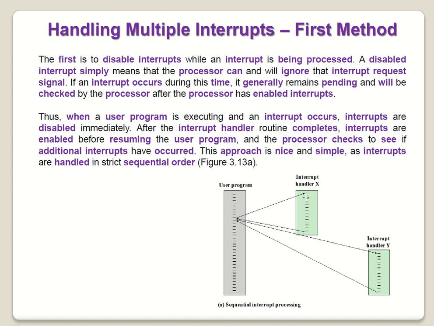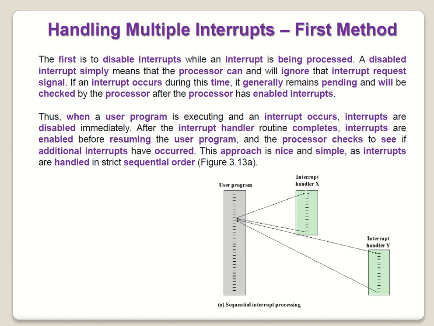Sometimes some other device may be planning to send an interrupt request signal. Maybe the device is ready and wants the processor to execute. Those devices, for example Y, can't interrupt the processor, because while the processor is serving the interrupt handler, interrupts are disabled.